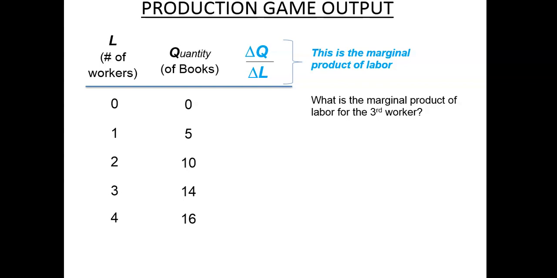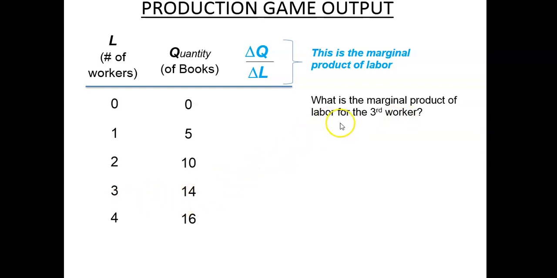So question, what is the marginal product of labor in this example of the third worker? Think about that for a second. Now, some of you might be thinking 14, because you look at 3 workers, 14. But that's not the marginal product of the third worker. That's the production of all 3 workers together.